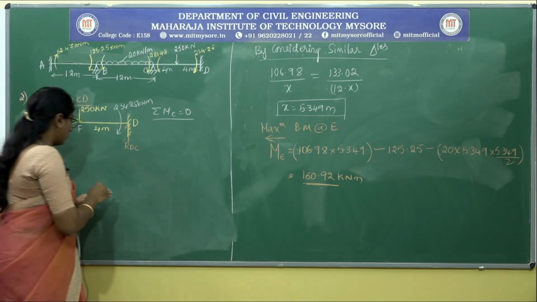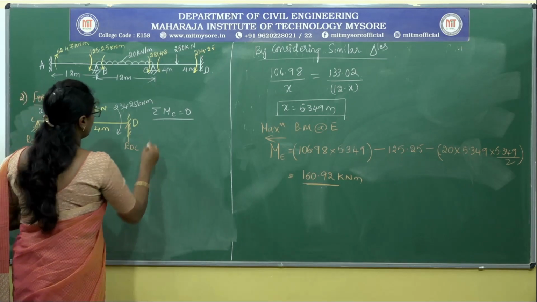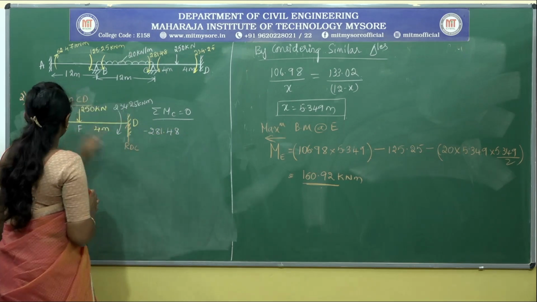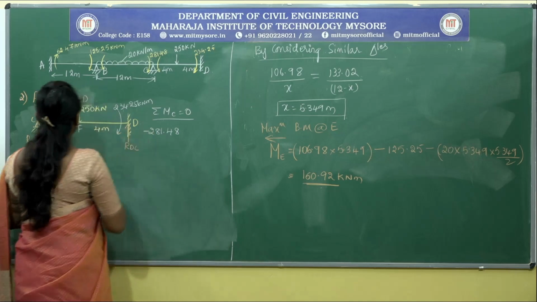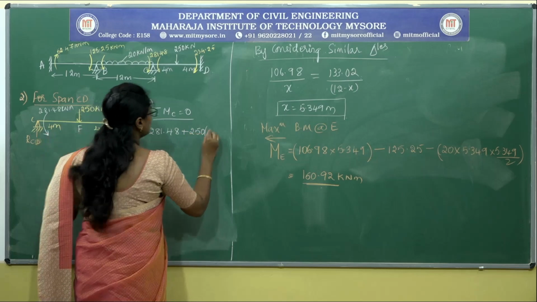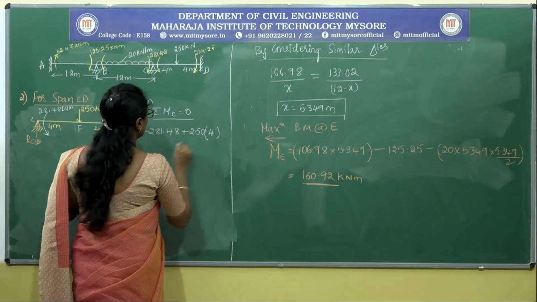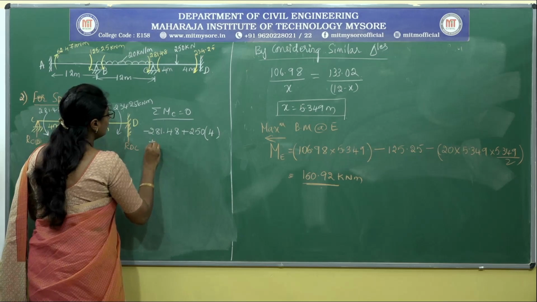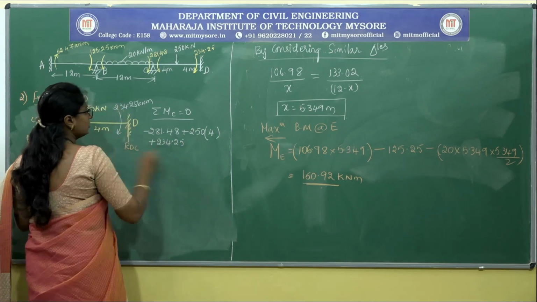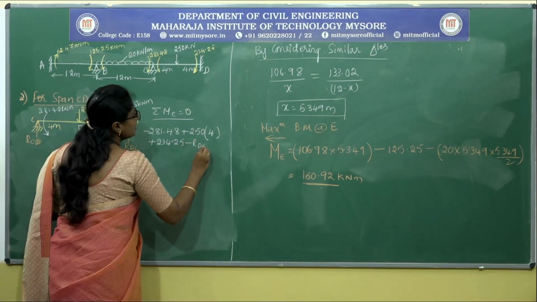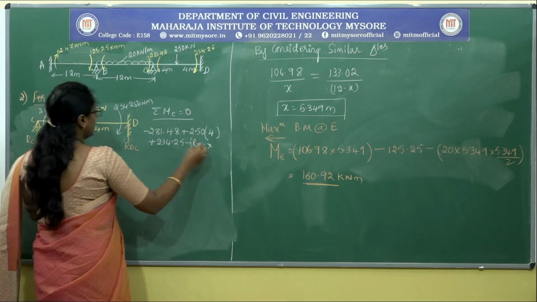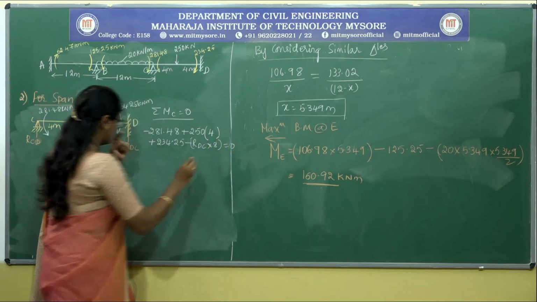At joint C, the moment 281.48, that is moment at CD, is acting in the anti-clockwise direction, therefore it is negative, plus 250 into the distance of 4 meters. Then this moment of 234.25 is acting in the clockwise direction, minus RDC acting in the anti-clockwise direction at a distance of 8 meters, that is equal to 0.